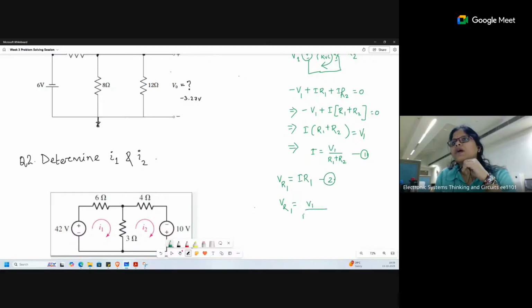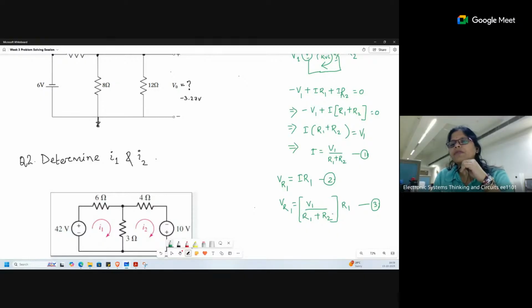V1 over R1 plus R2, multiplied with R1. Can I write this? This is equation 3, let me call it. Is it fine for everyone? How I have written this VR1?